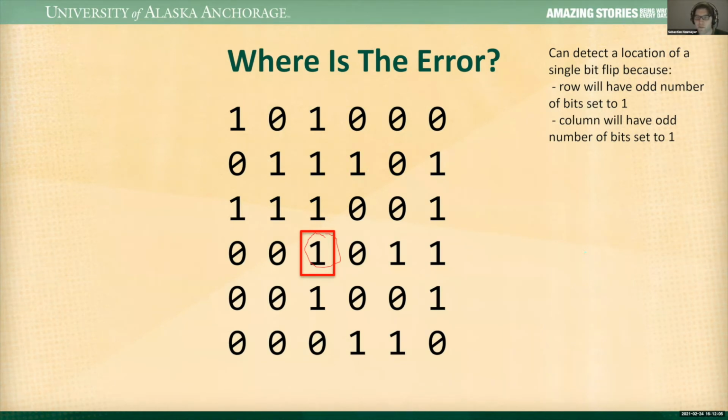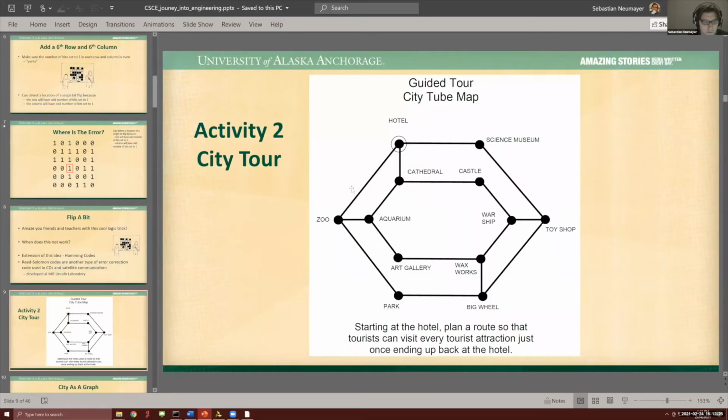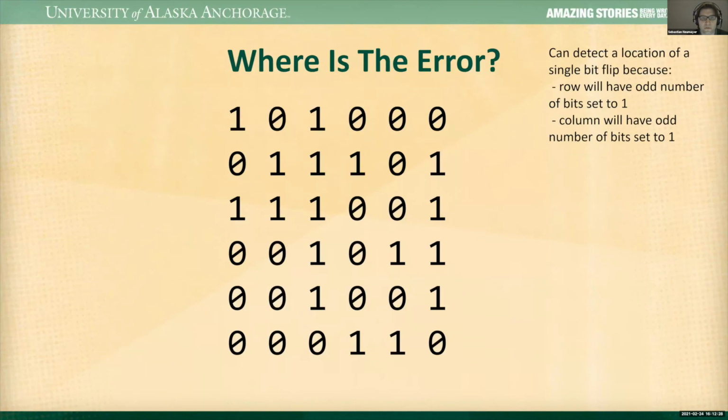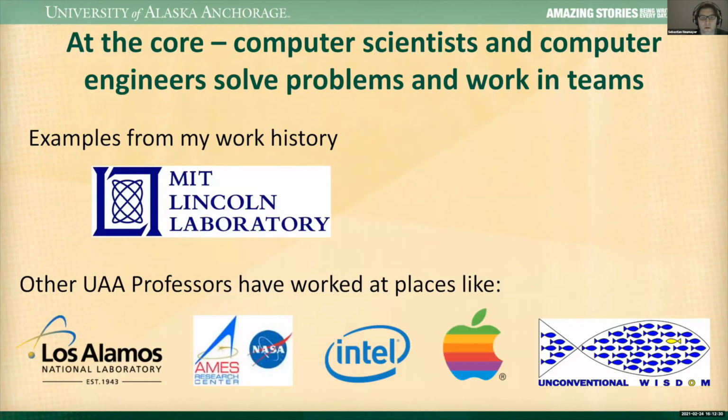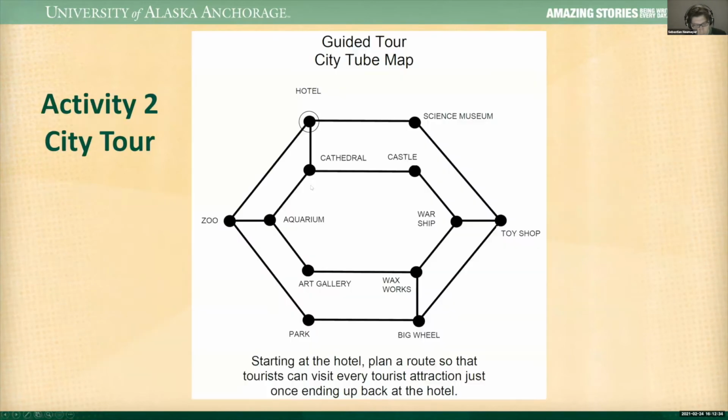So that's pretty cool that the receiver is able to tell where the error occurred just by looking at the ones and zeros. And so my question then is, when would this scheme not work?